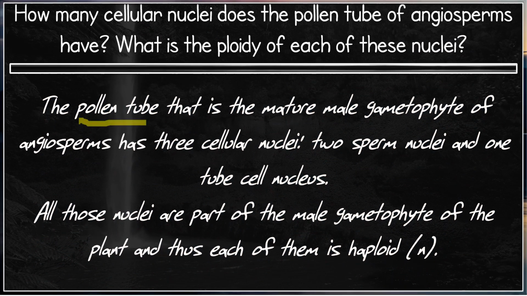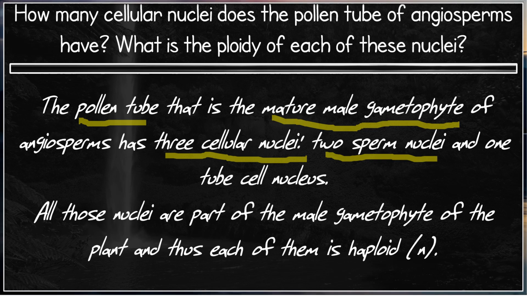The pollen tube, that is the mature male gametophyte of the angiosperm, has three cellular nuclei: two sperm nuclei and one tube cell nucleus. All these nuclei are part of the male gametophyte of the plant, and each of them is haploid.